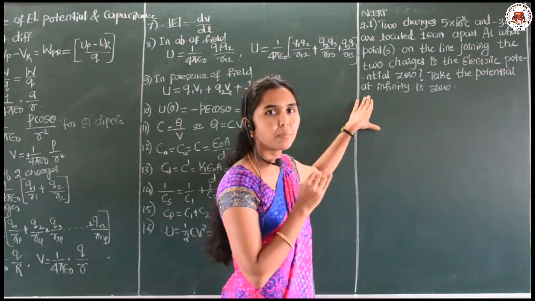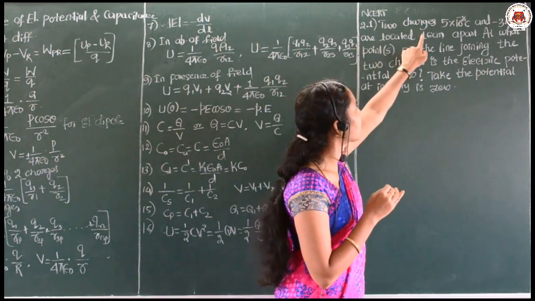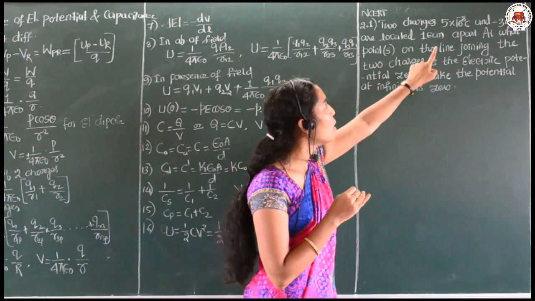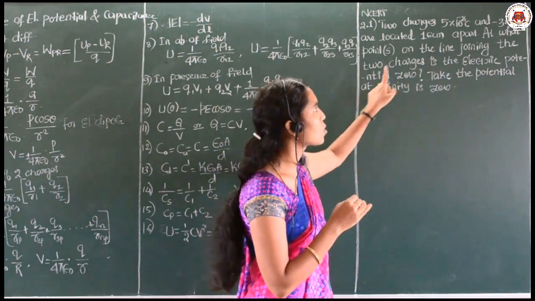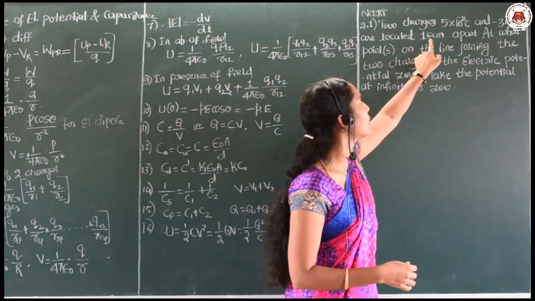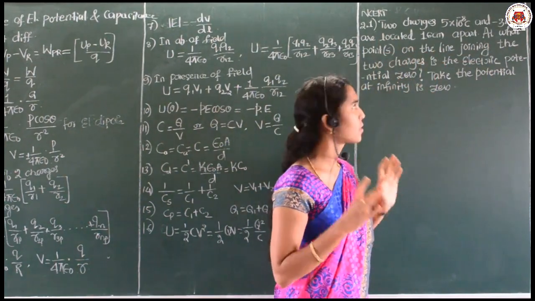The given numerical is: two charges 5 × 10^-8 coulomb and -3 × 10^-8 coulomb are located 16 centimeter apart.